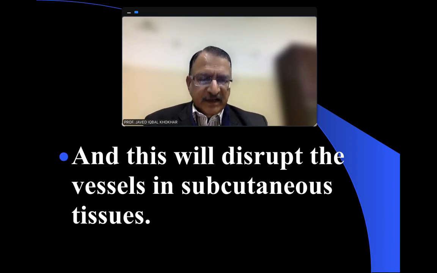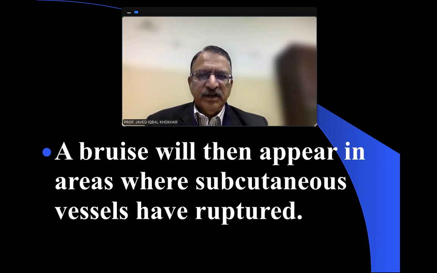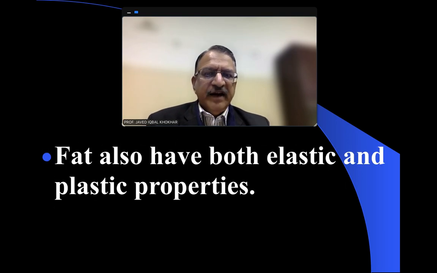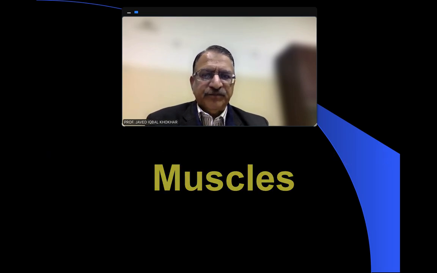And this will also cause the disruption of the vessels in the subcutaneous tissues, and that will cause a bruise. A bruise will then appear in the areas where the subcutaneous vessels are ruptured.